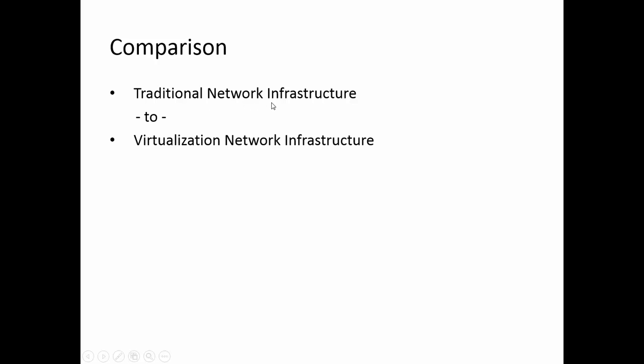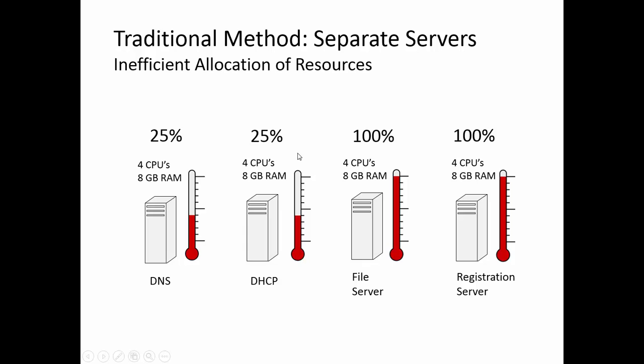So let's compare a traditional network infrastructure to a virtualized network infrastructure. In a typical network infrastructure whereby you have separate boxes for separate servers, we have an inefficient allocation of resources. Some servers are wasting CPU utilization and other servers are totally maxed out.